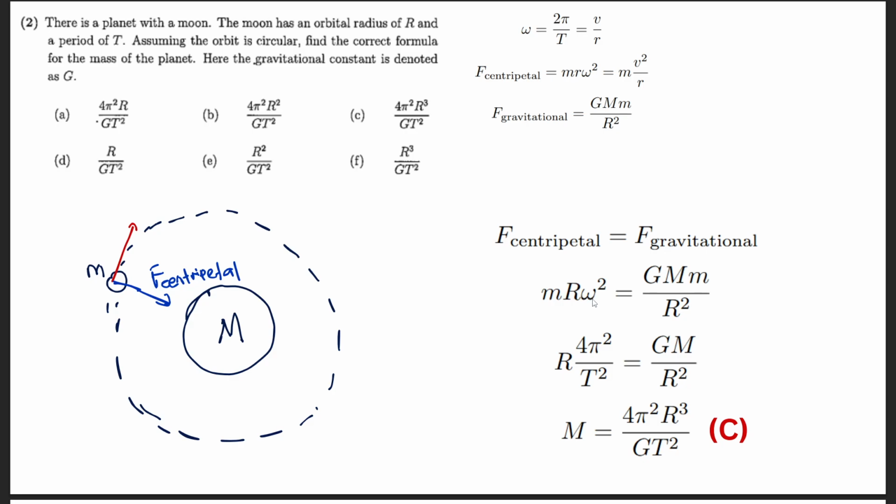And we can write omega as 2 pi over T, squared. 2 squared is 4 pi squared over T squared, times r, and we can cancel the mass of the moon here.